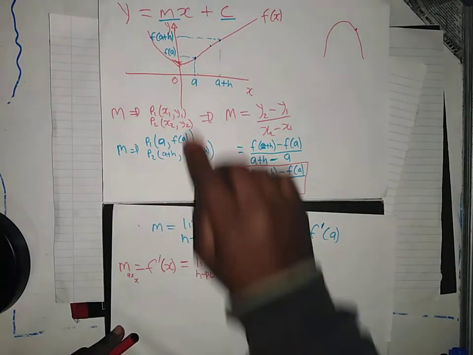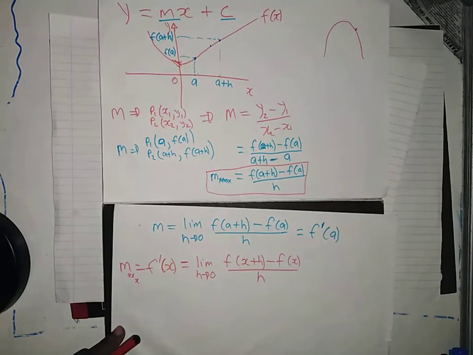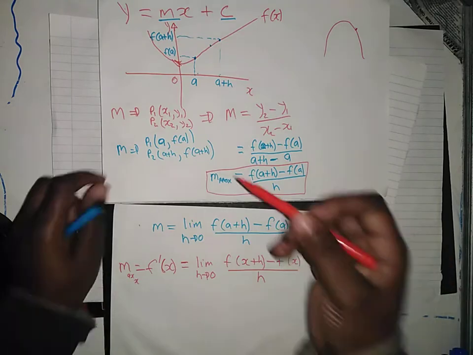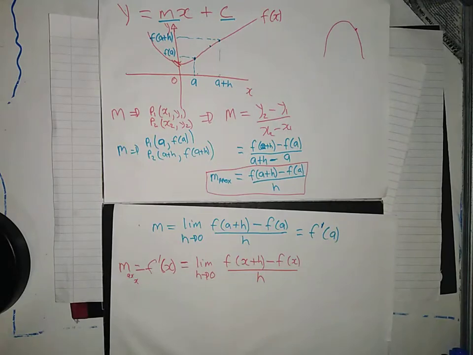at this point of contact, the gradient of this line, so if I have a point of contact here, okay, let me use a different color.